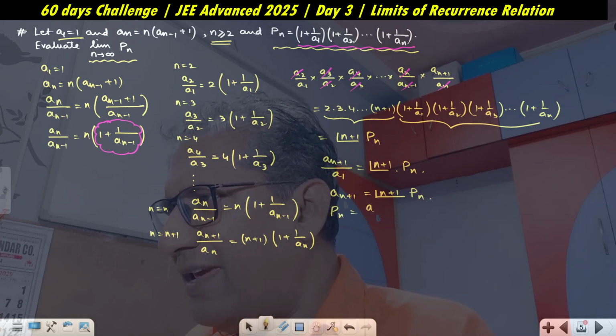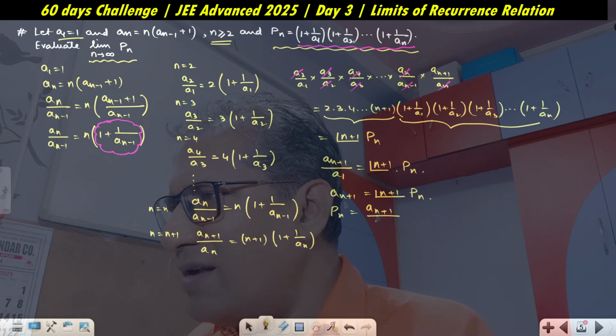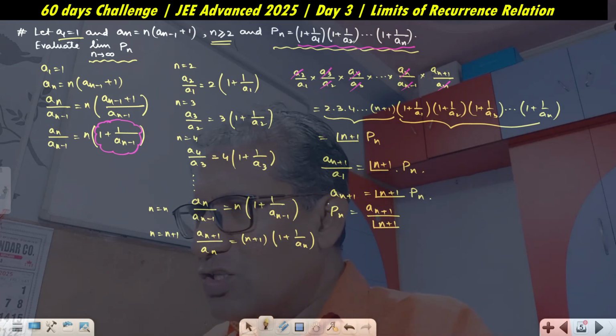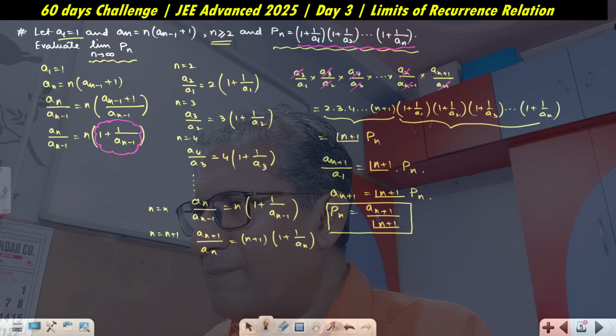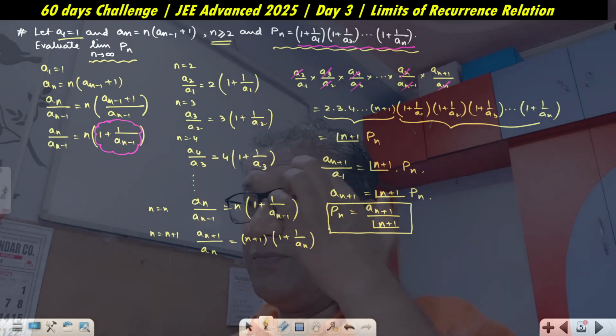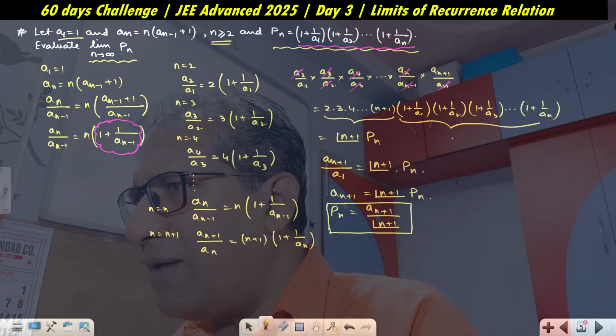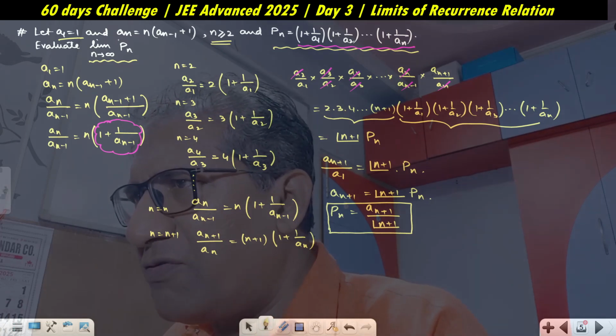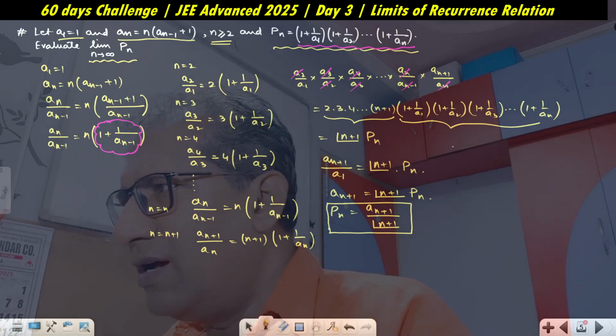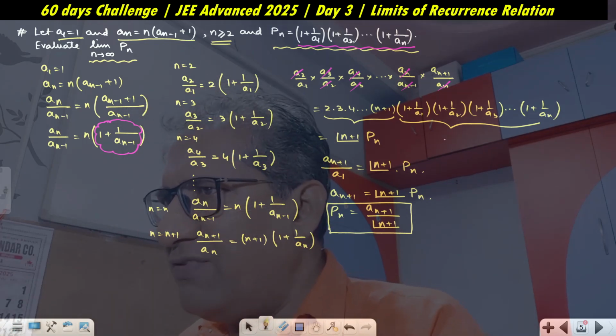Now, what is Pn? Pn is basically an plus 1 divided by n plus 1 factorial. Okay. So this is what we got about Pn. Now I am taking the very initial relation that has been given.